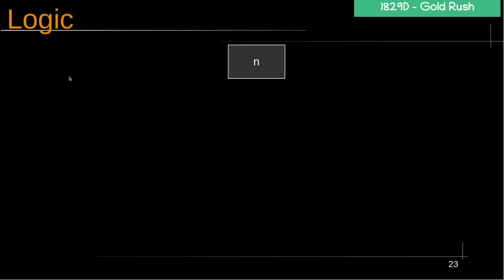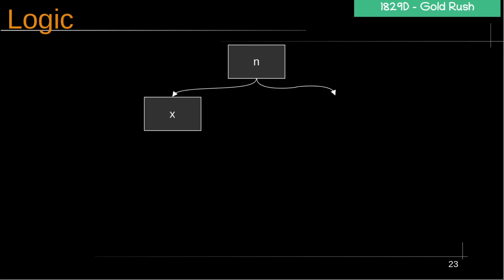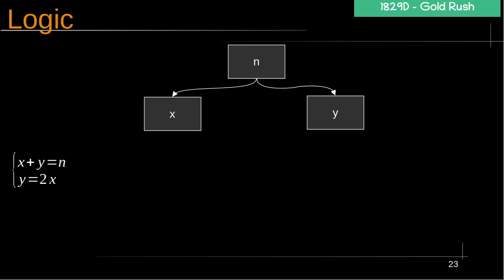What's the logic here? First, we have a pile of size n. We have to split it into 2 piles of size x and of size y, such that x plus y is equal to n, of course, and the condition must be y is equal to 2 times x.